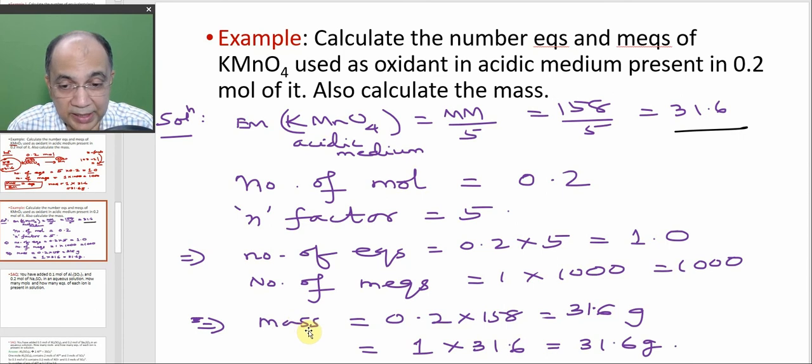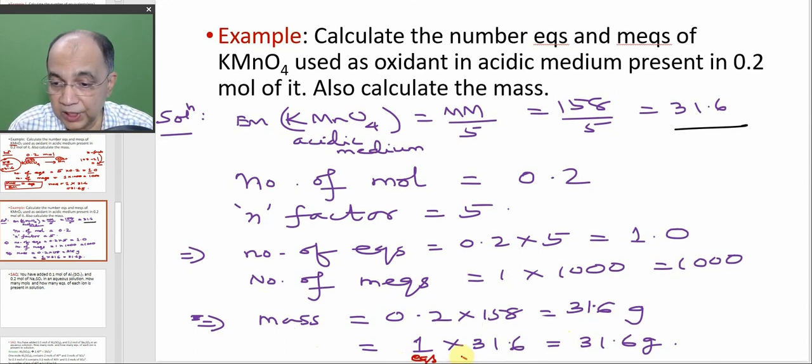In this slide, I have found the mass in terms of moles. If the number of moles is 0.2, its molecular mass is 158, so the answer is the same. Here I have done it in two ways: number of equivalents into equivalent mass, and number of moles into molar mass. The answer will be the same.